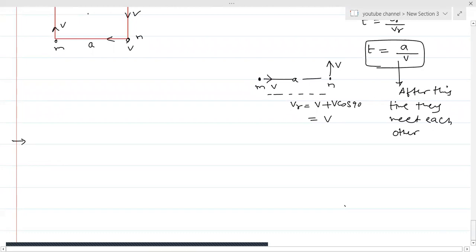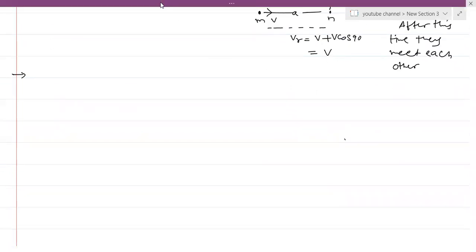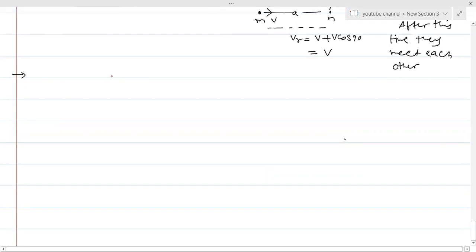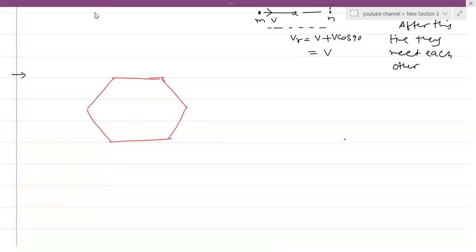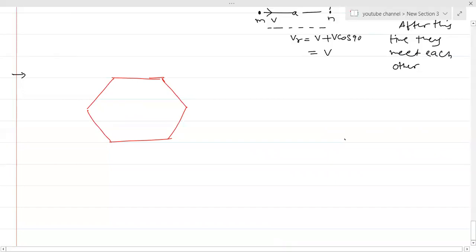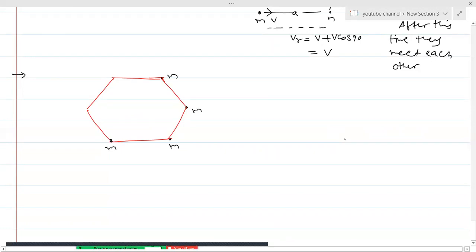In the same similar kind of discussion, suppose we are taking a hexagon and we have 6 persons, each of mass m, and each approaching the other with respective speeds v.